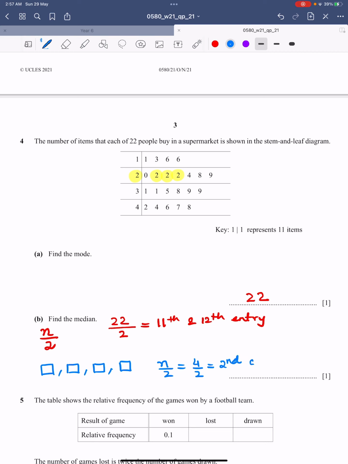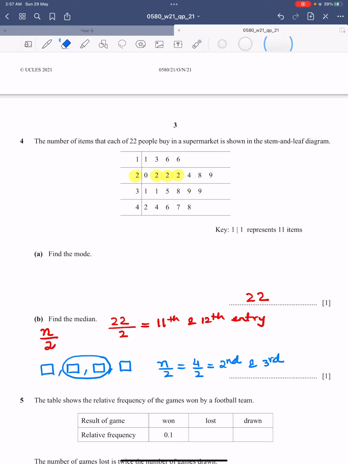But we take the second and the third entry and we find the mean of it, as both of them are in the center. So when we have an even number of entries, we will have two values in the central position, and the mean of those two will be our median.